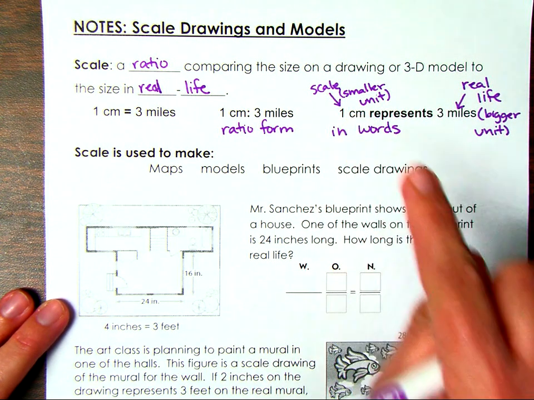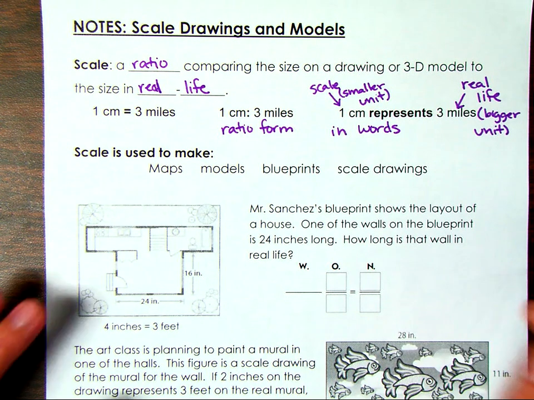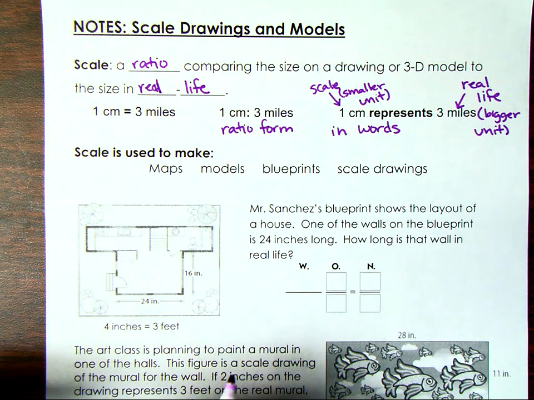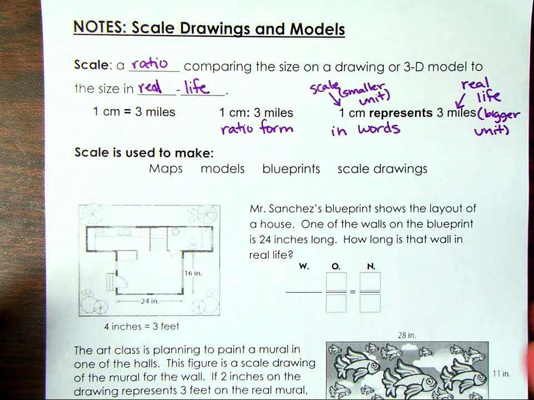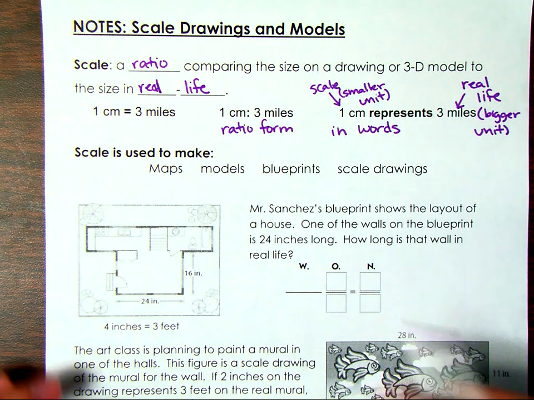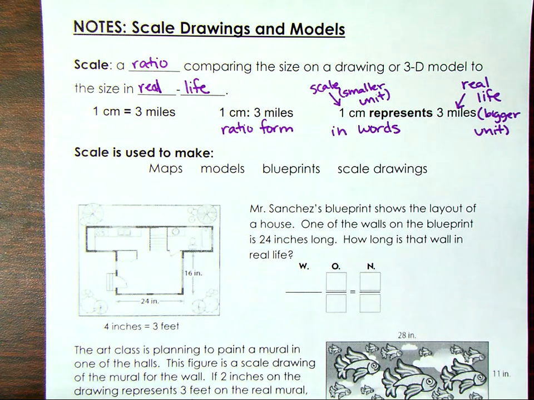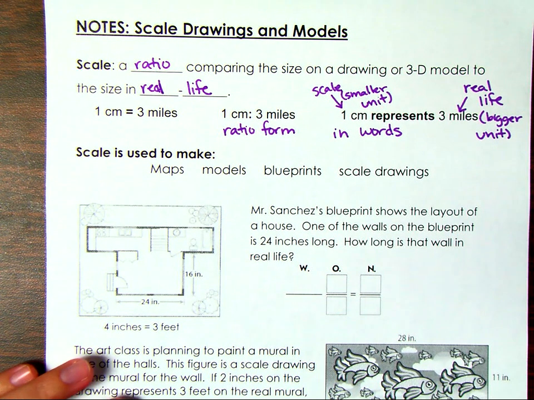Very rarely will you have a scale that goes opposite, where a bigger amount represents a smaller one. Most of the time the smaller unit is the scale, and the real life is that bigger unit, okay? So I'm going to do 2 problems with you to help you out, and then we're going to have you practice them on your own.